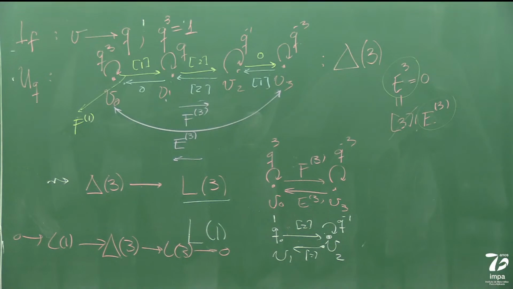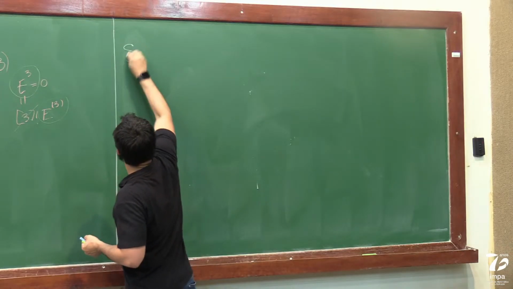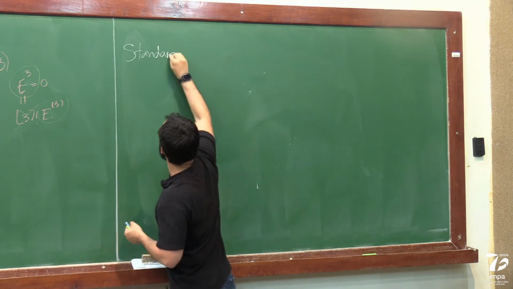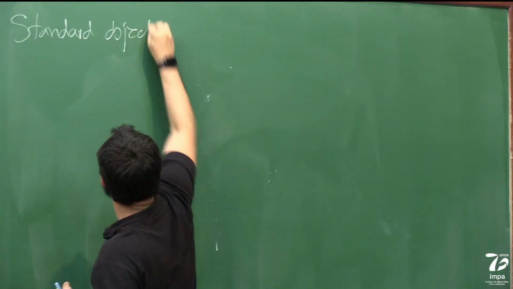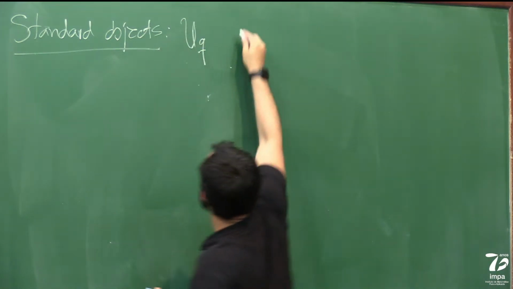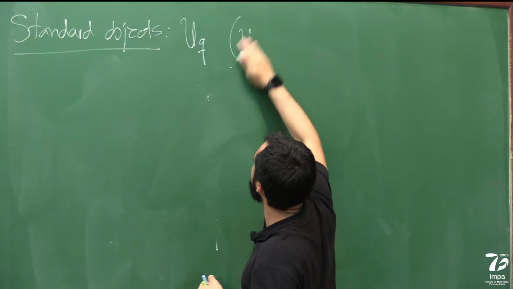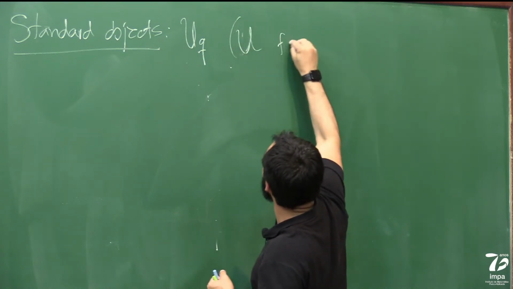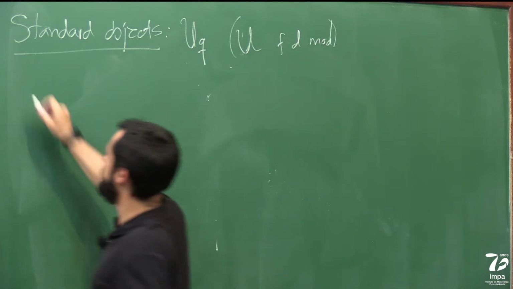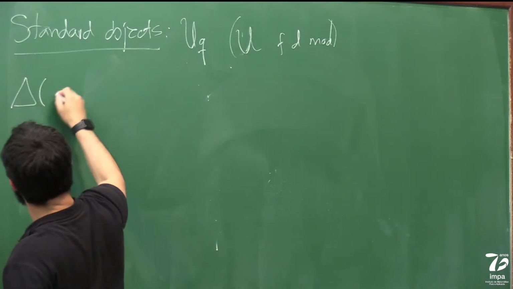So the standard objects for my U_q, or in general for my category of finite dimensional modules, are going to be this, Delta lambda.